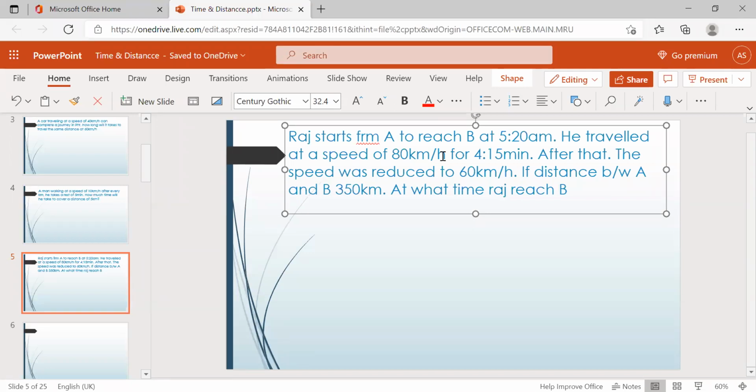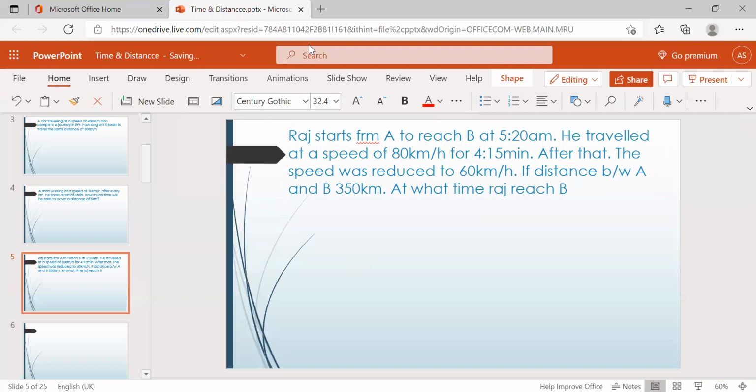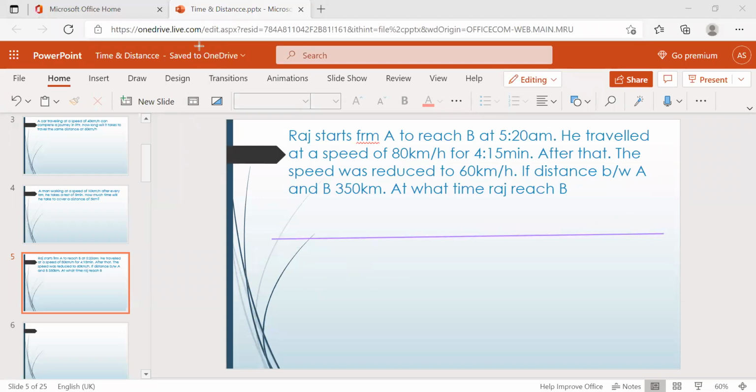See, here first you need to understand the question, what they are asking. Suppose this is A and this is B. He starts here at 5:20 a.m. He traveled like this with a speed of 80 km per hour.